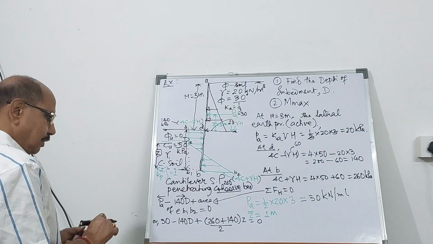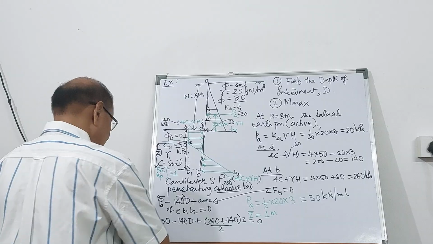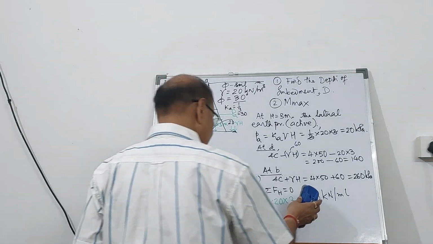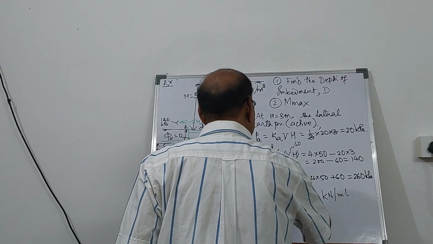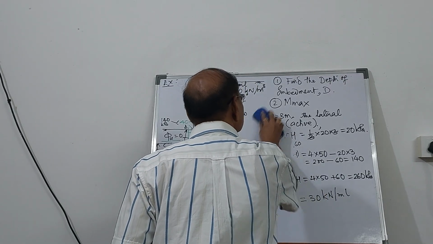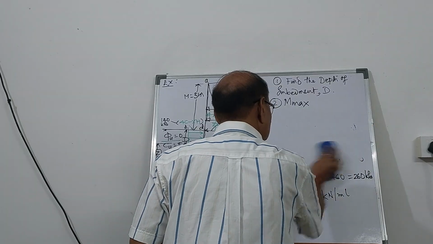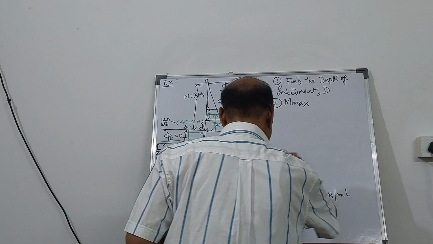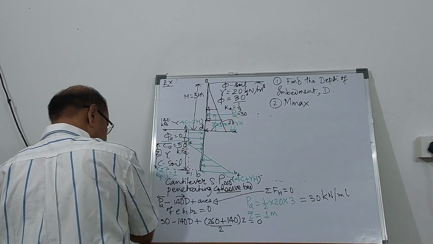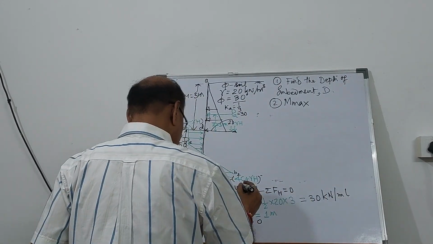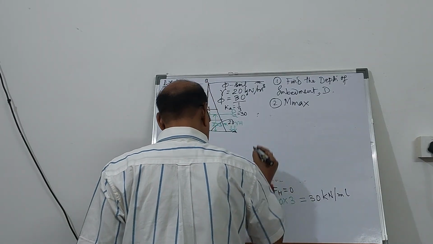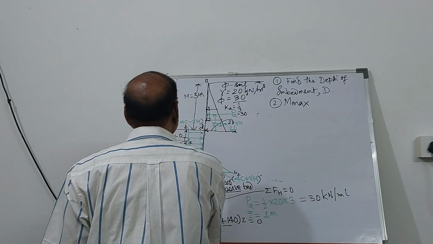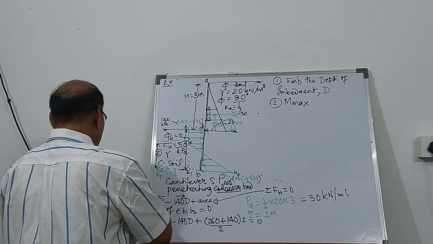So friend, you see this, that sigma fh equal to 0 yields the value, and we can find it out. So sigma fh equal to 0 gives me the value like this. Therefore, I can find out this value which is unknown, the value of z.